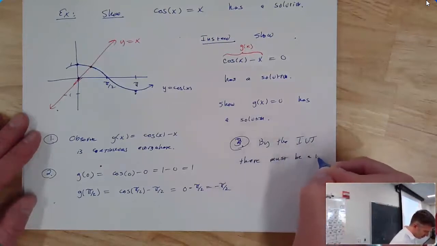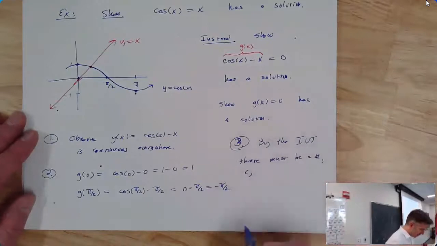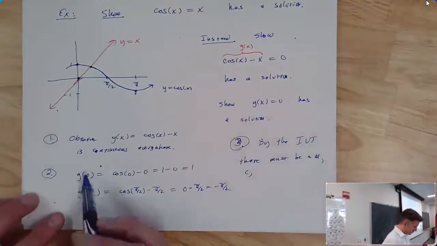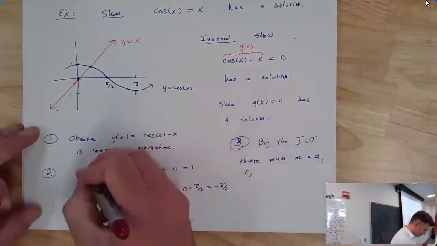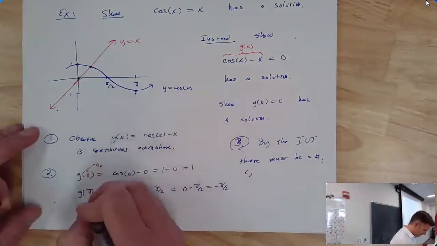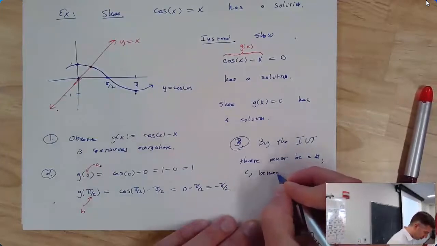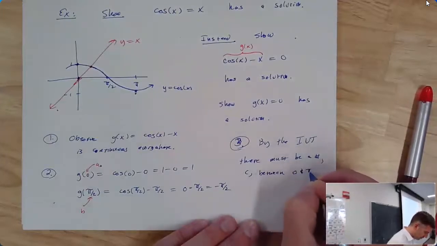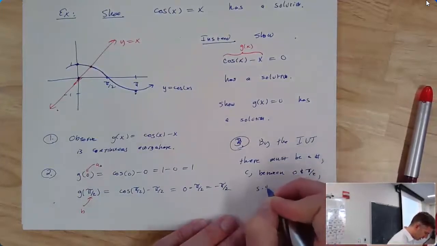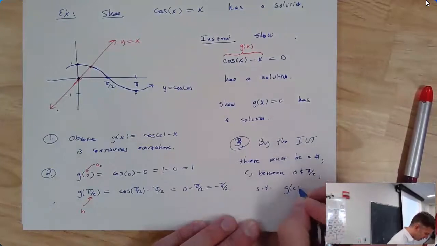There must be a number, we usually call it C, and C has to be between these two values. That's like our A, that's like our B. Between 0 and pi over 2, such that G of C is equal to 0.